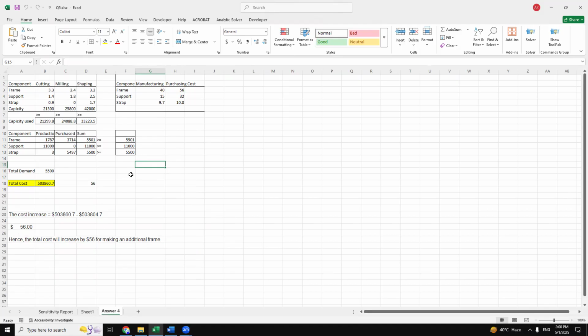They told us to increase or decrease. So this one is the total cost, the current cost, minus the previous one. So 56 is our total increase for making the additional frame. So this one is the solution for all 4 parts of this question.